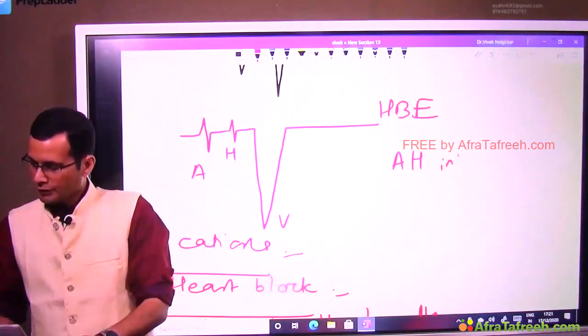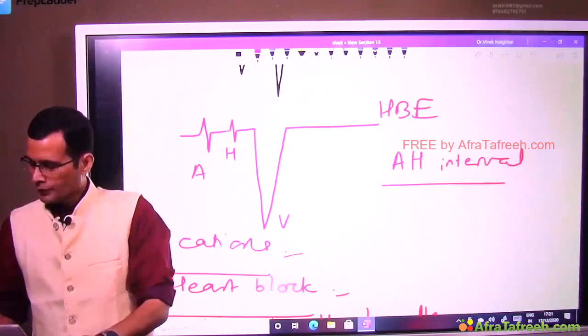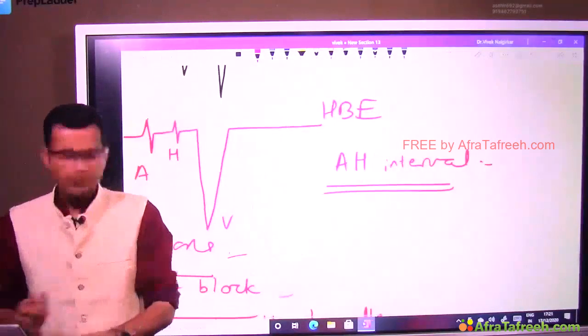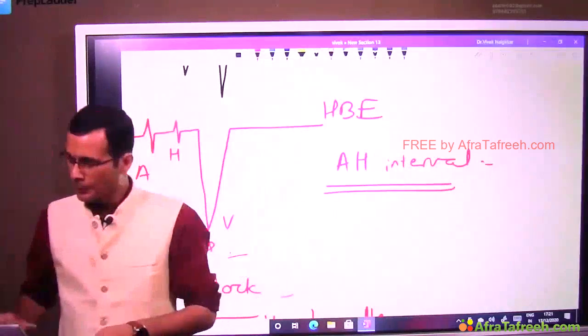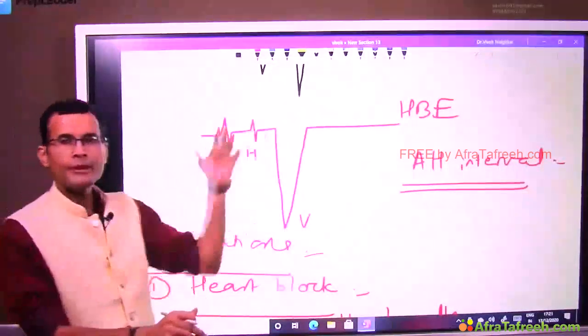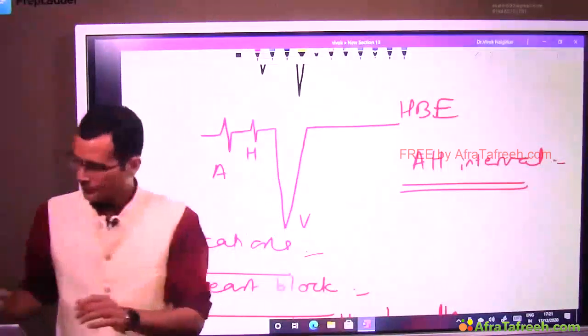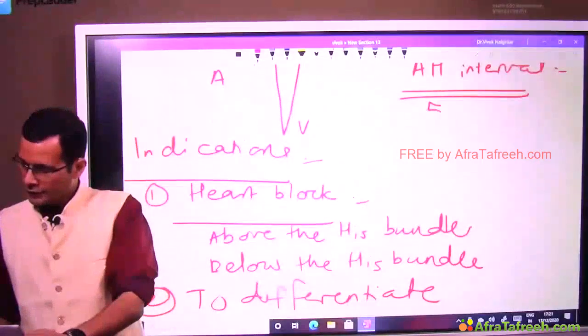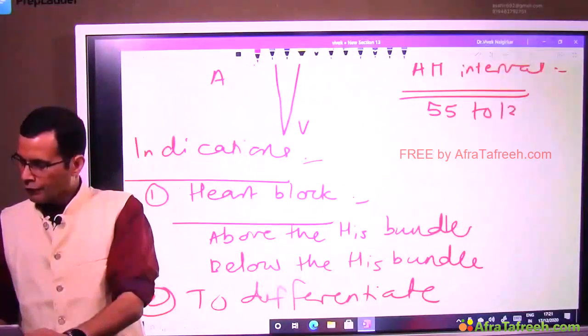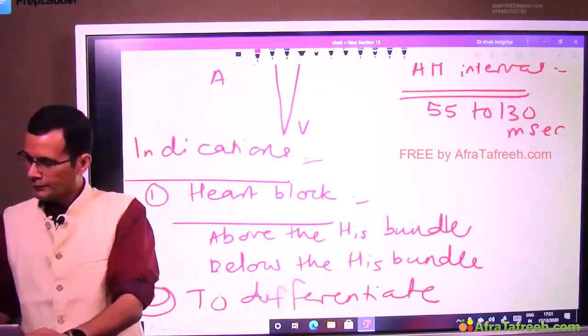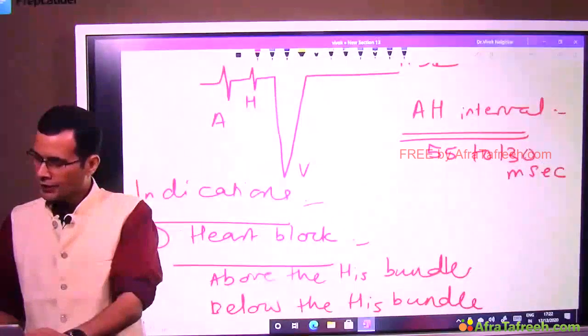AH interval. It represents the time taken by the impulse to travel from the SA node up to the His bundle. And it is 55 to 130 milliseconds. That's the normal AH interval.